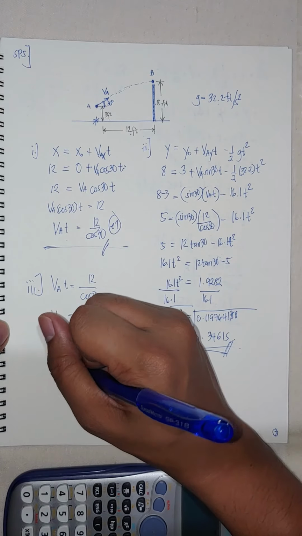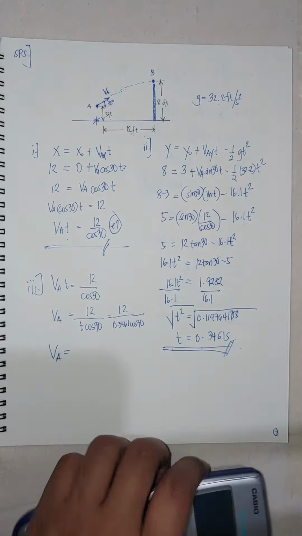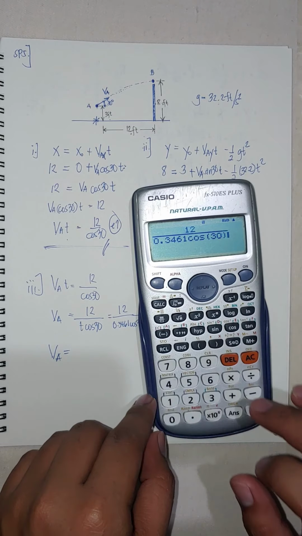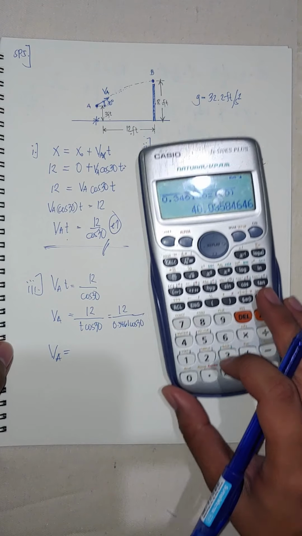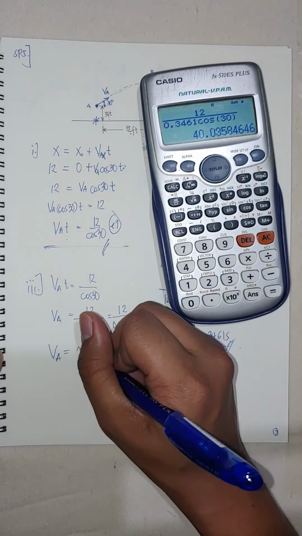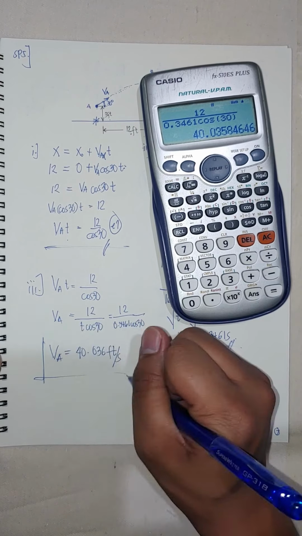So our initial velocity at A is 12 over 0.3461 cosine of 30 degrees. That is 40.036 feet per second.